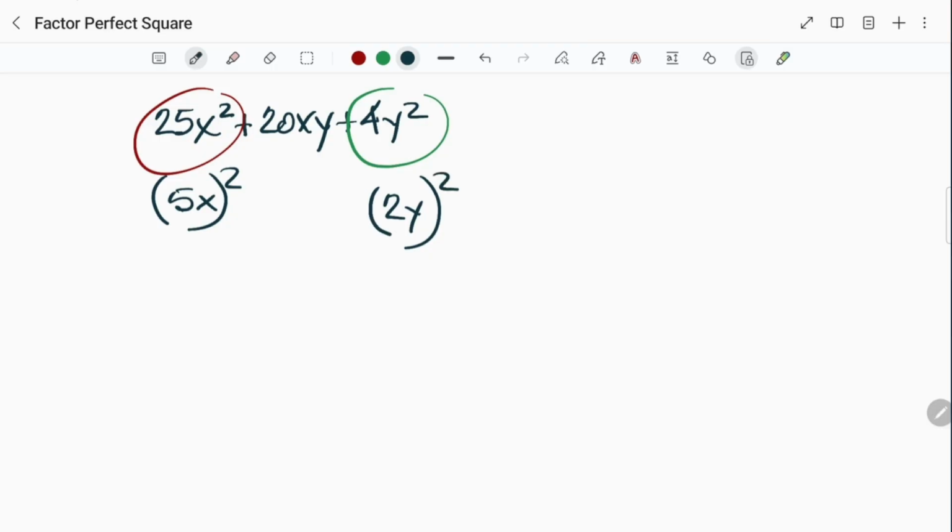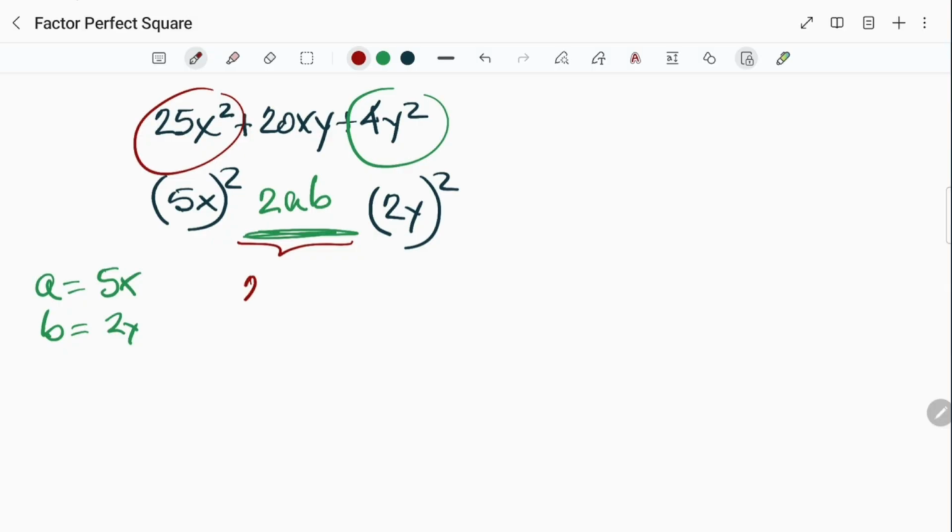If that is true, the only thing that you need to check is whether the central term will be, as a formula, 2 times ab. Consider that a is equal to 5x and b is equal to 2y. Let's solve that central term.